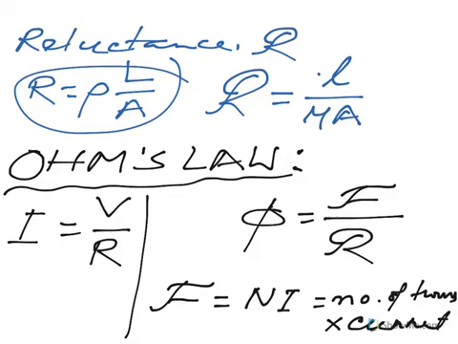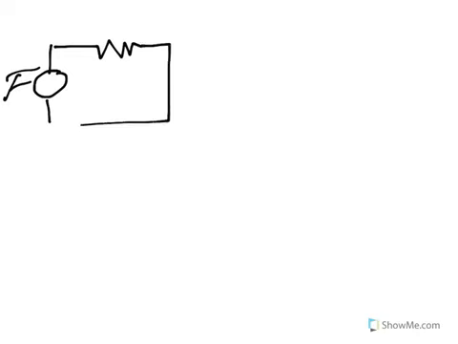Now if we draw the magnetic circuit, it looks like the magnetic motive force, which is like the voltage source, then the reluctance, which looks like the resistance connected to this circuit. This is the reluctance, and the current flowing through this is the flux phi through the circuit.